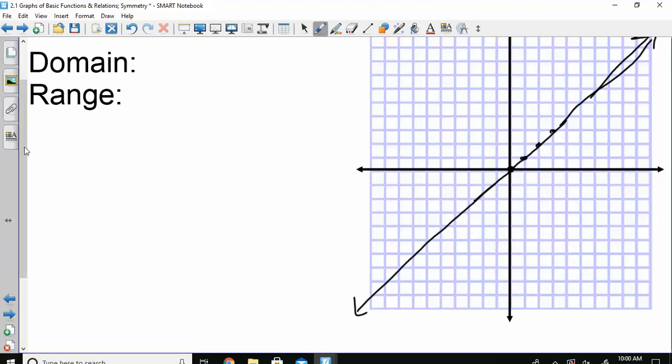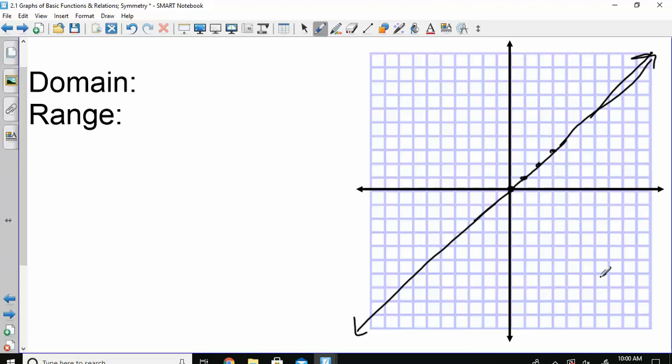Sometimes I'm better than others. Domain. As I go from left to right, what x values do we use? The range would be the same thing. On your notes handout, I had some other things. So is this increasing, decreasing, or constant? Increasing.